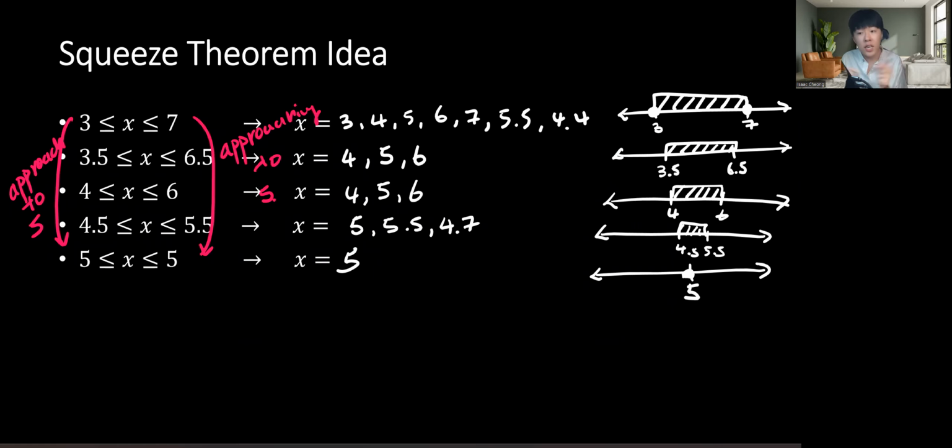And when they're equal to 5, your middle value is defined as 5, right? Because it's so squeezed that only one number can fit between them. That's why we call it the squeeze theorem, right?